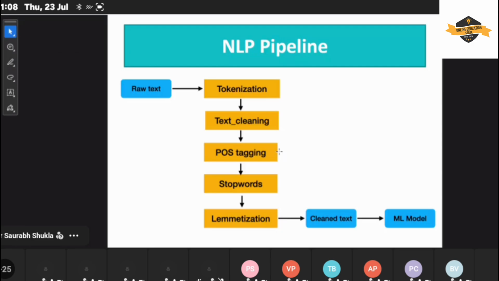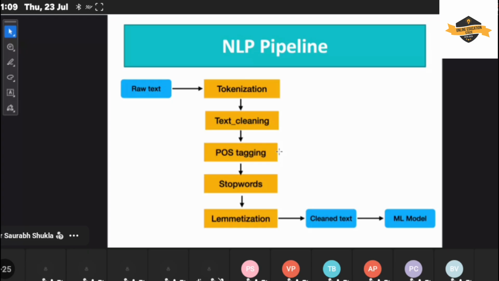So this is the pipeline. Raw text, tokenization, dividing into the number of words, text cleaning, part of speech tagging, like this is a verb, this is a noun. Stop words. What are the stop words? How is the weather outside? Is and the are the stop words. We don't want them.